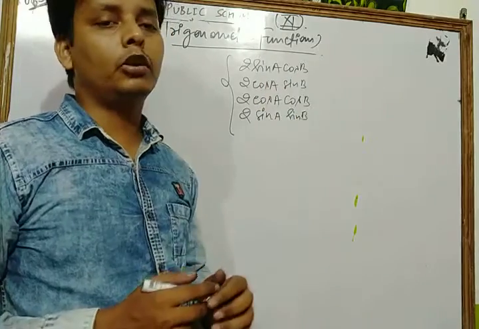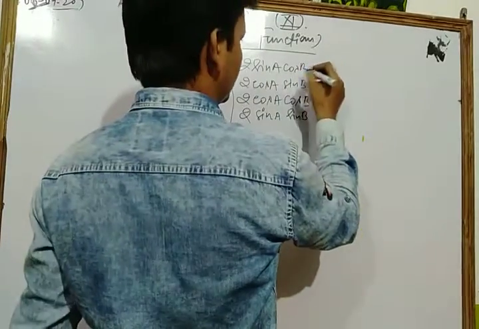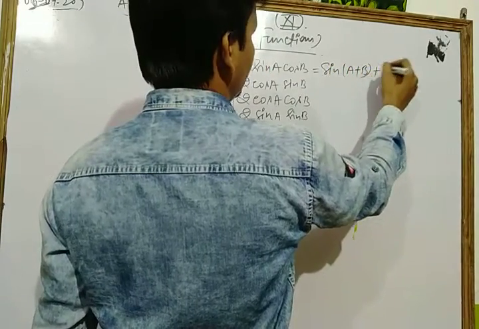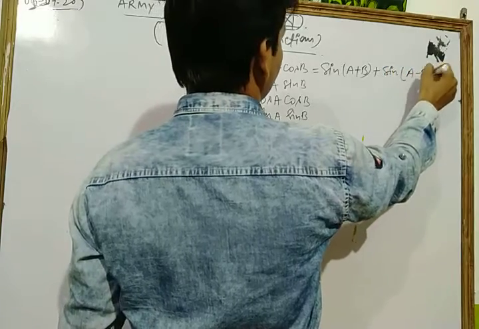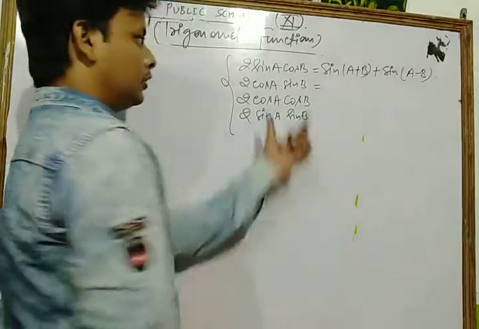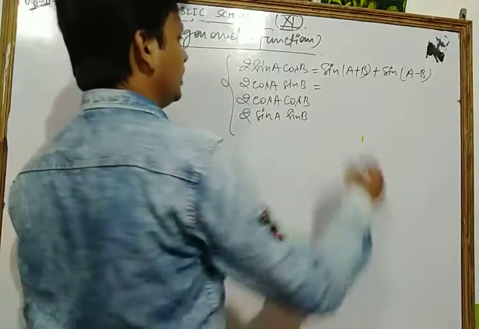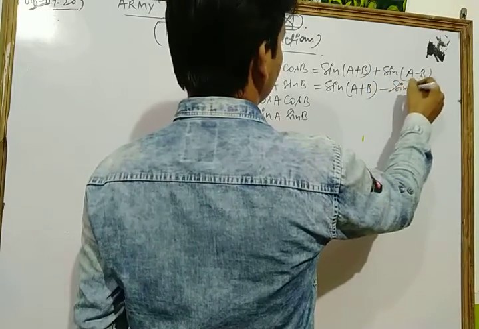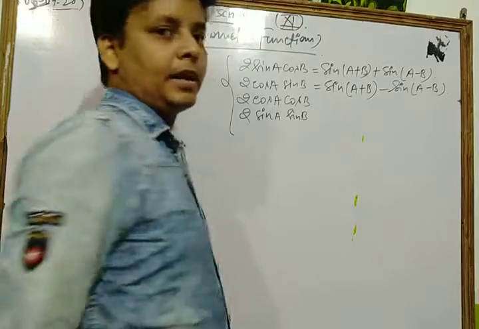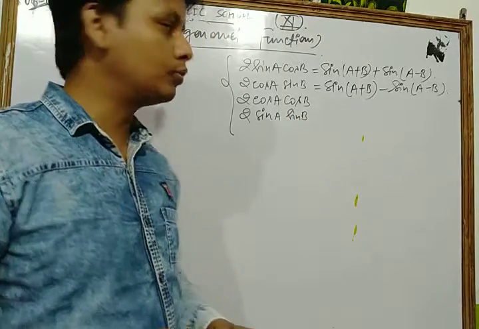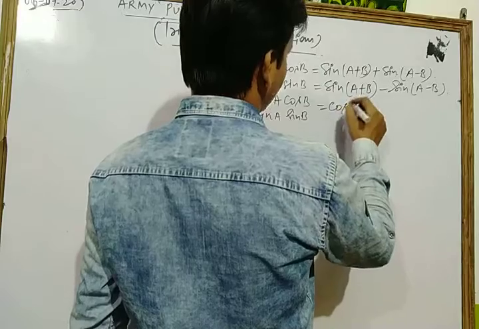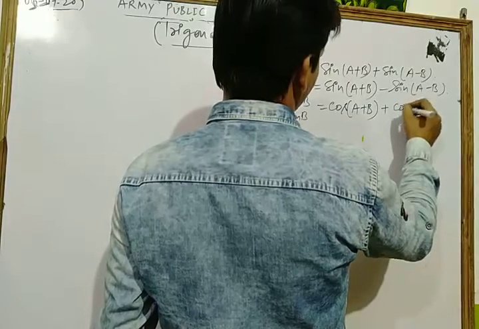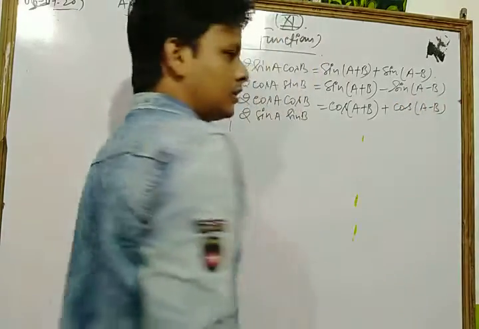What is the formula of those identities? 2 sin A cos B means sin(A plus B) plus sin(A minus B). 2 cos A sin B means sin(A plus B) minus sin(A minus B). 2 cos A cos B means cos(A plus B) plus cos(A minus B).